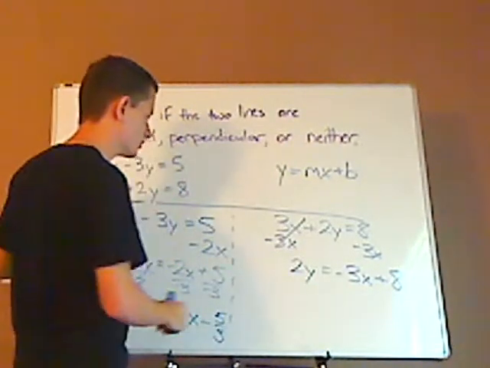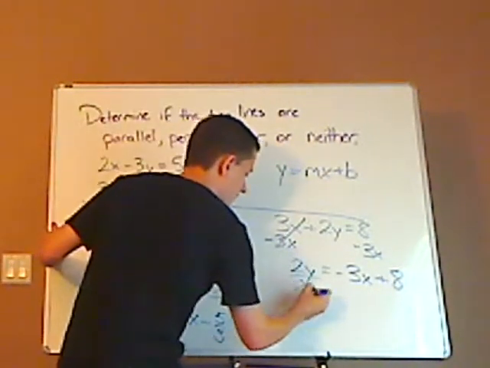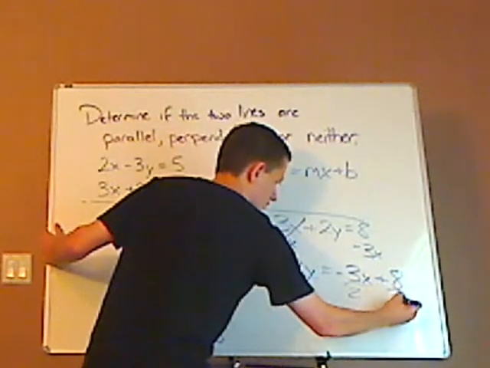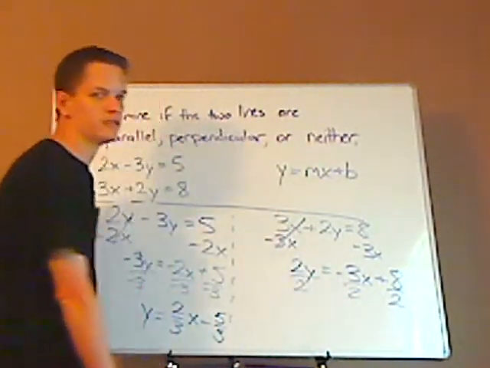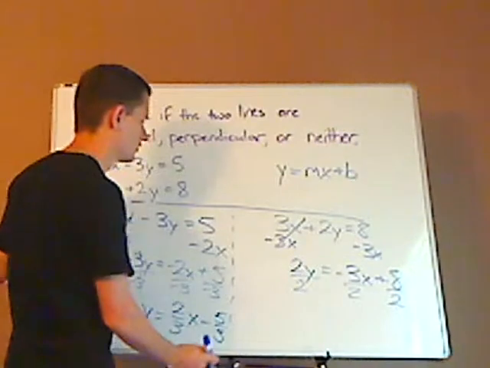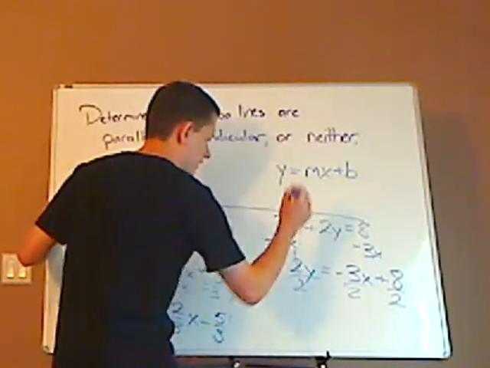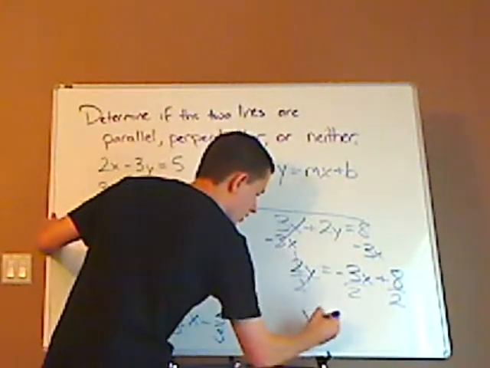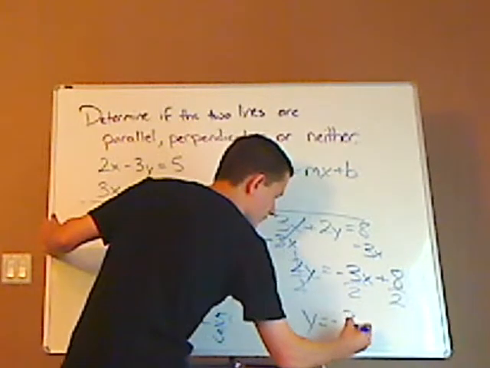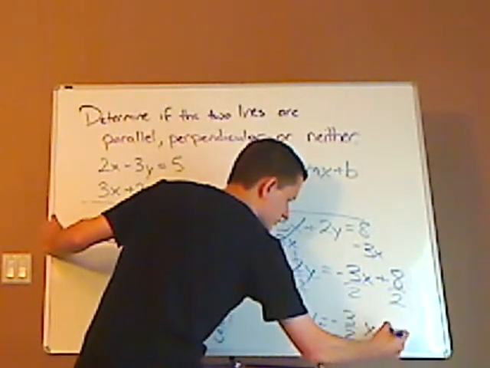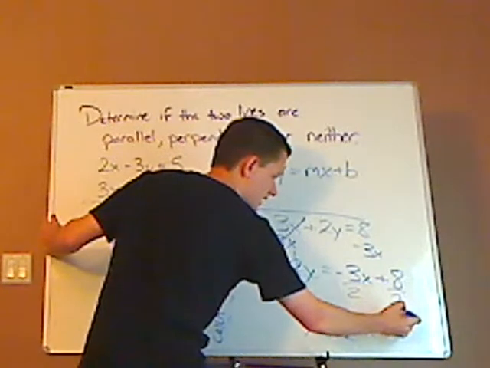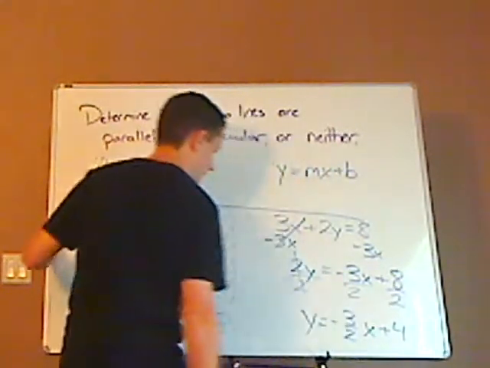So you do the opposite, which is division, and divide everything by 2. The reason for that is the distributive property. That cancels, so that leaves you with y equals negative 3/2 x plus, and then 8/2 is 4.